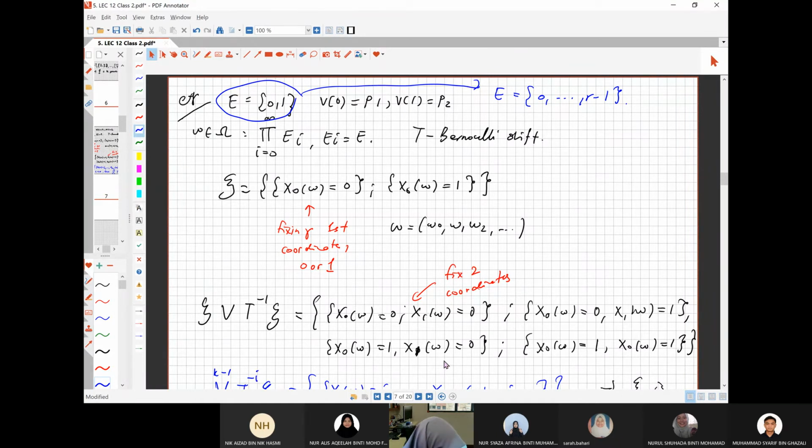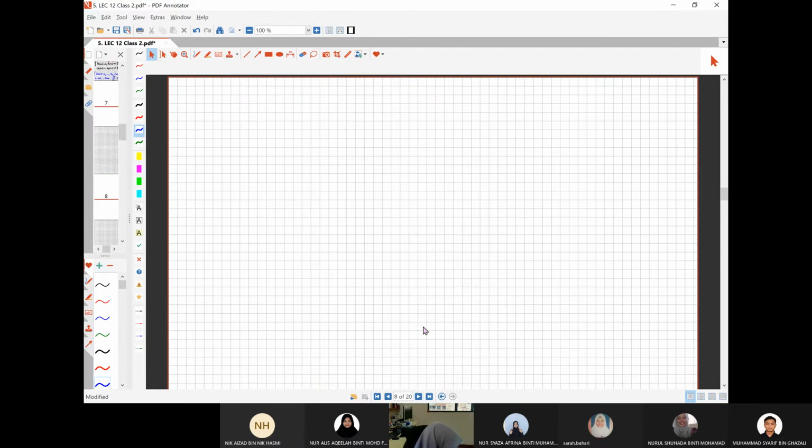You can try to do the same method here, except that the number of fixing digit and coordinate is R. Psi here is not 0, 1 but goes from 0 to R minus 1. This one you will have also the same. This has 4 because it is 2 to the power 2. This will become R to the power 2. Like that. And so on.